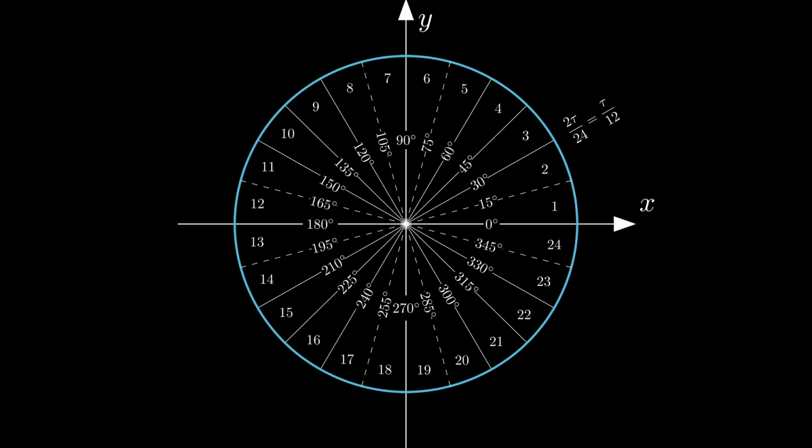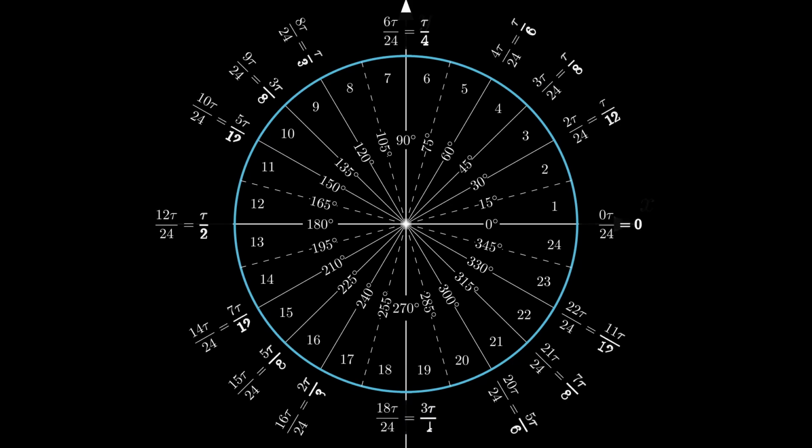It is 3 slices of the circle, or 3 over 24, which reduces to tau over 8. 60 degrees is 4 slices, so we write 4 tau over 24, or tau over 6. 90 degrees, or 1/4 of a circle, is 6 slices of 24, or tau over 4.